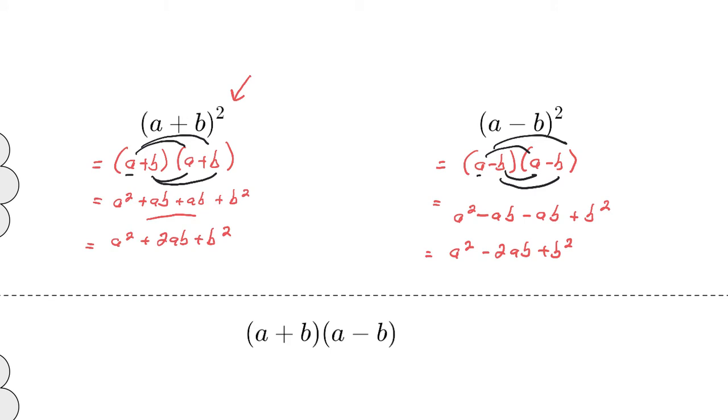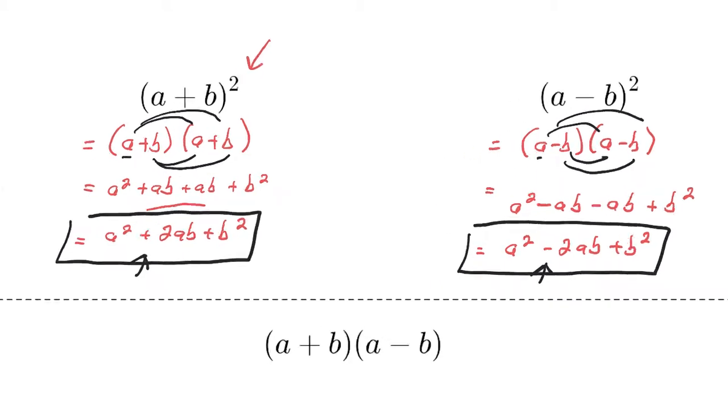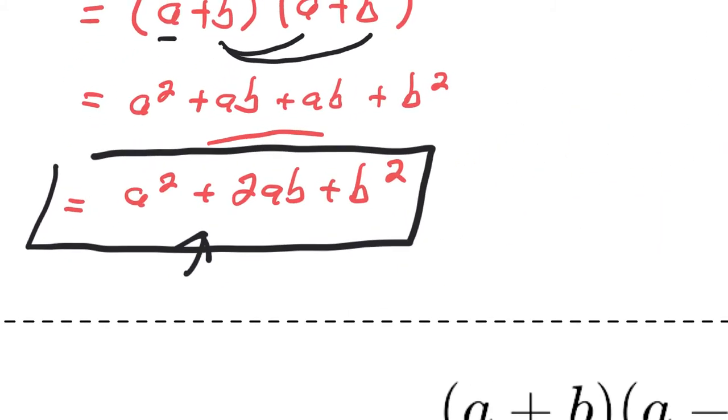So perfect square trinomials have a characteristic, and it's actually the characteristic that you see here on your screen. The only difference between these two is the sign of the middle term. So each term on the outside is a perfect square. So b squared and a squared are perfect squares.